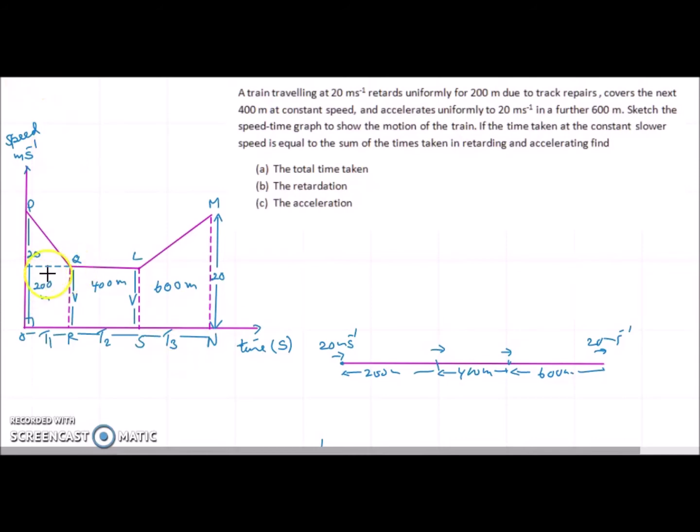Now I am drawing a line parallel to this axis till it meets this speed axis at A. Let this angle be theta.